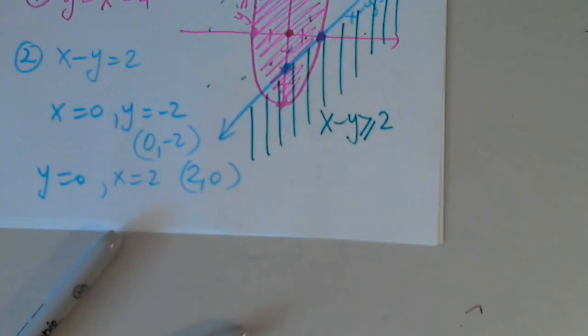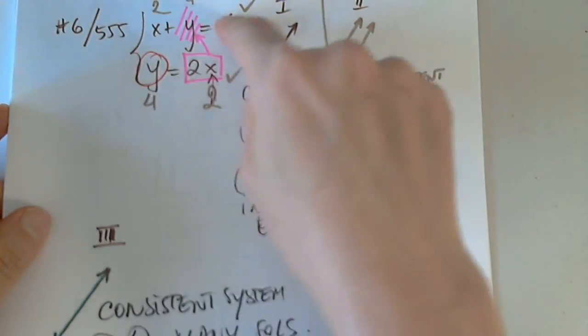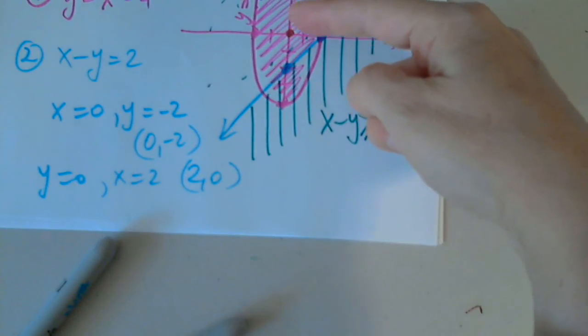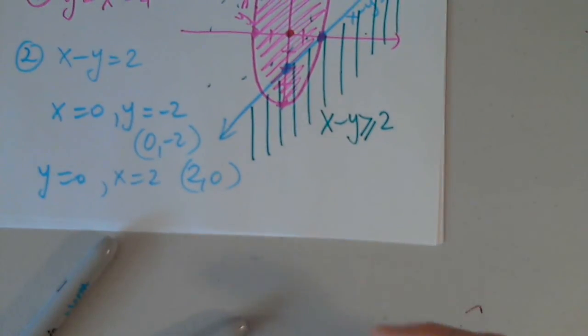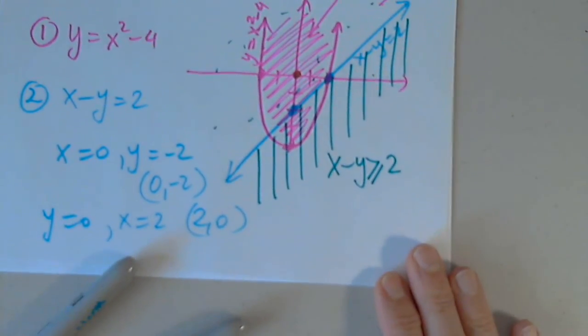Because this is a system like we did before with equations, whatever I choose as a solution has to verify both. So the first one has a red territory. The second one has a green territory. If they do not overlap, there is no solution for the system. Do they overlap?